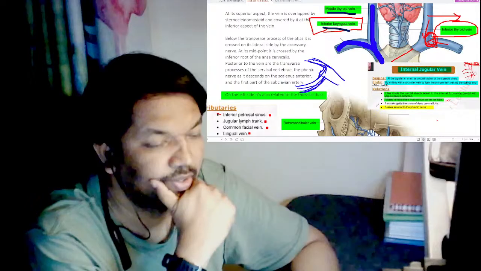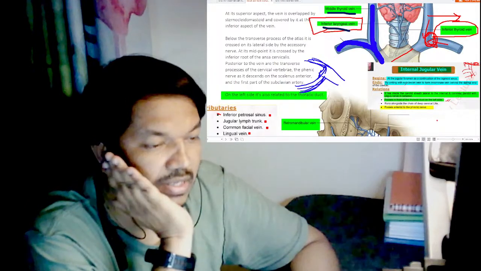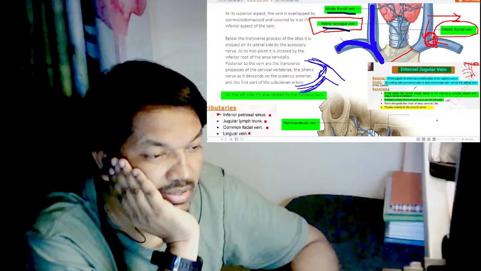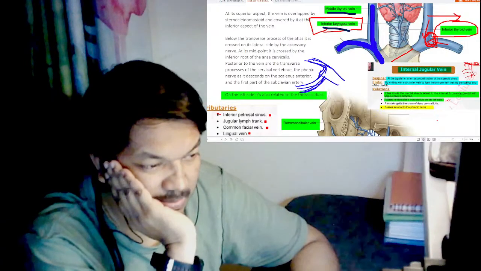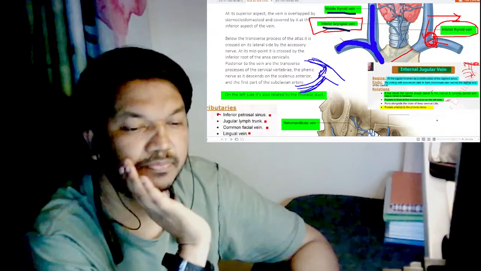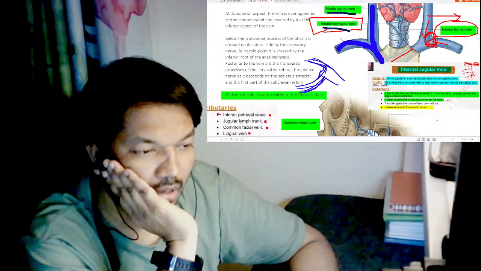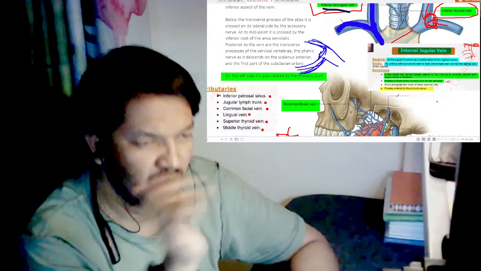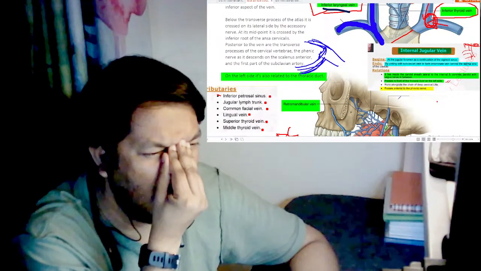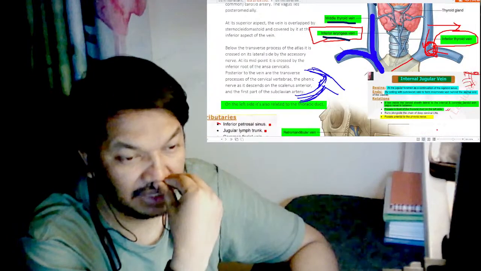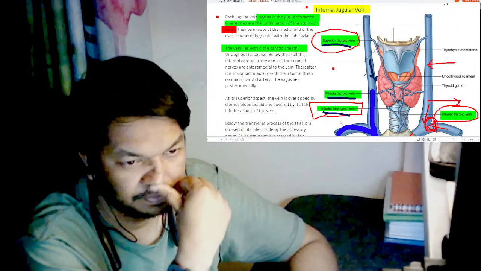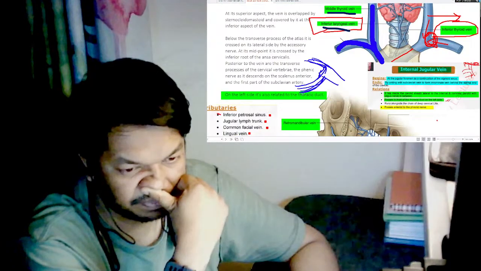They end by uniting with the subclavian vein to form the innominate vein behind the sternum. This is the internal jugular vein.